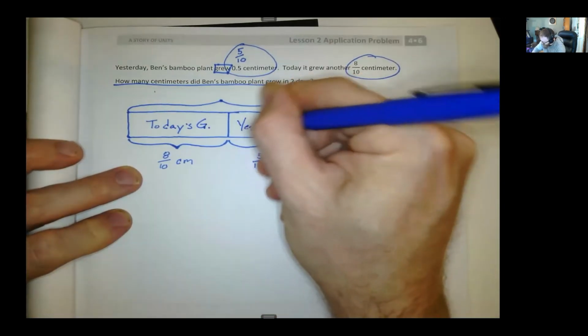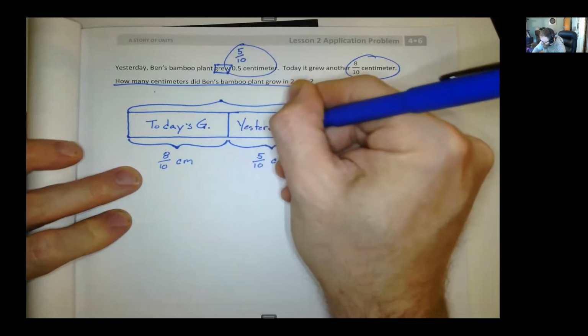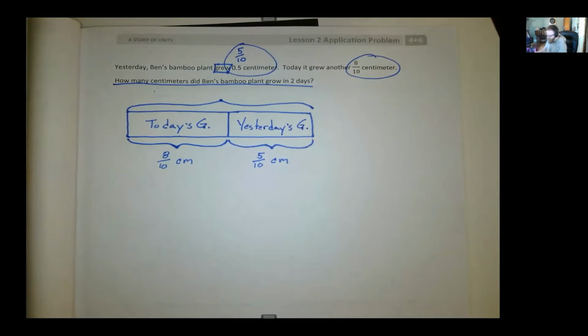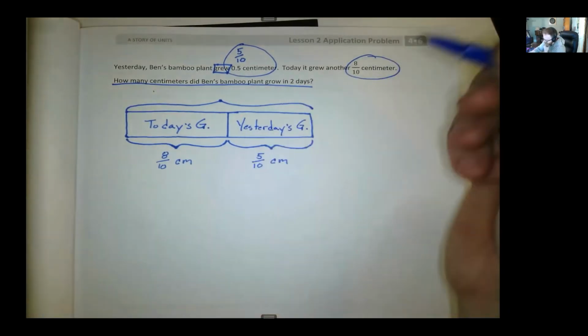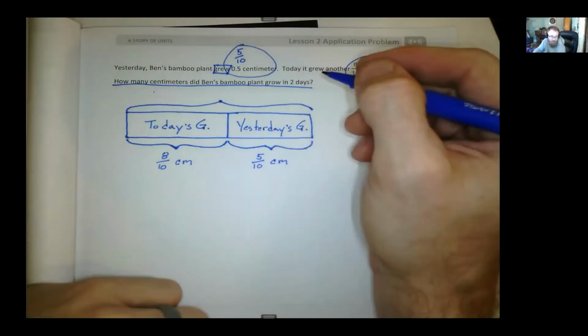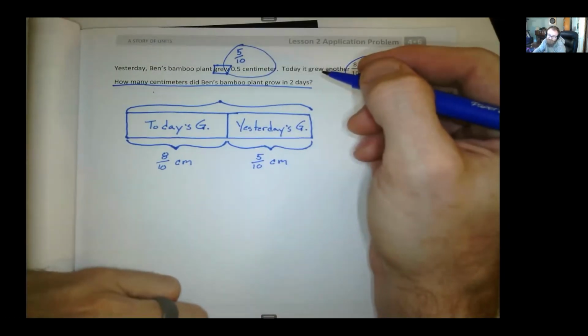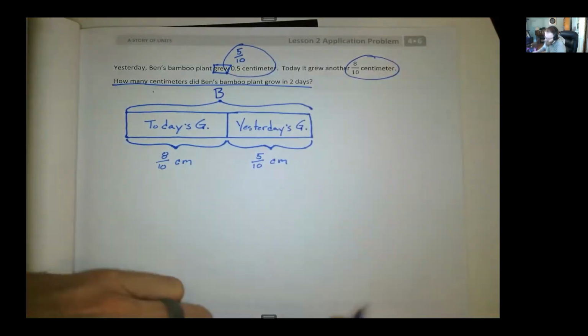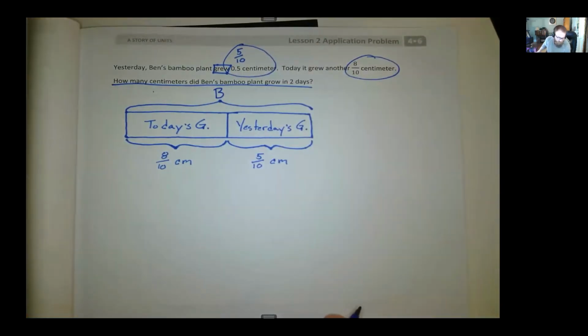That's yesterday. G for growth. 5/10 and 8/10 combined gives us our total growth for the 2 days. When we have an unknown, we should really be representing that with a variable, right? A letter. Since it's Ben's bamboo plant, B for Ben, B for bamboo.